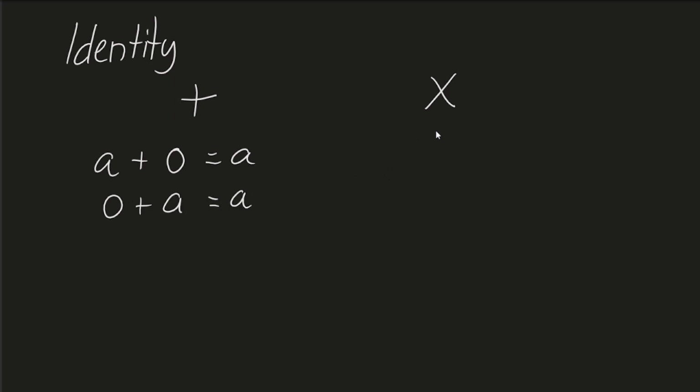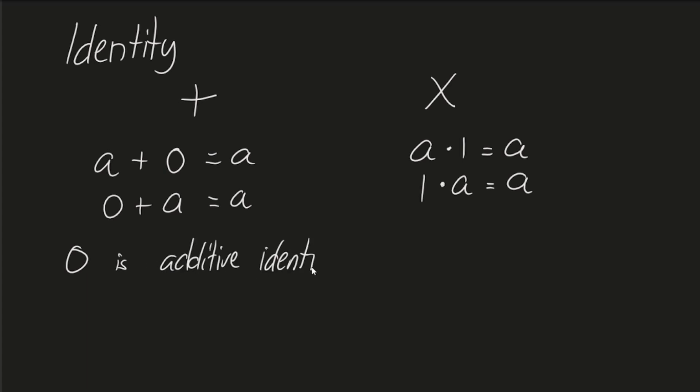For multiplication, what number can I multiply that can give me that number also? For multiplication, that is 1. Using the commutative property, we have 1 times a, and that is going to be a. So 0 is called the additive identity. And for multiplication, 1 is called the multiplicative identity.